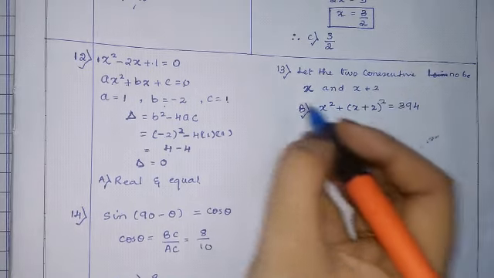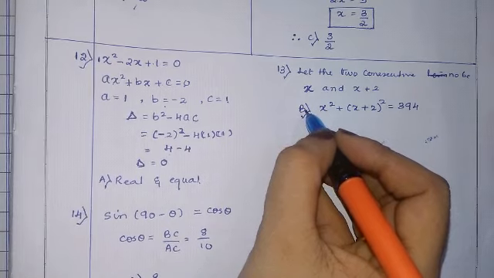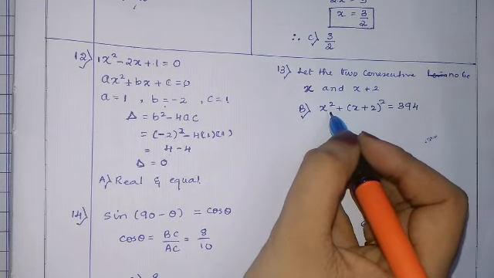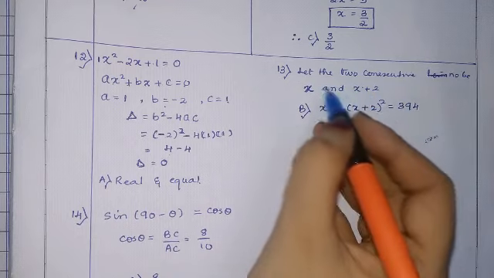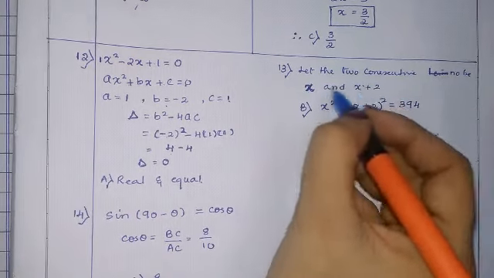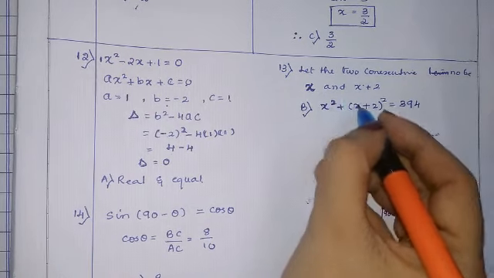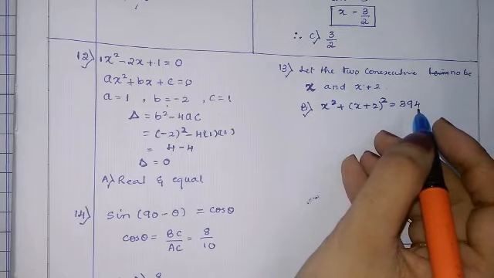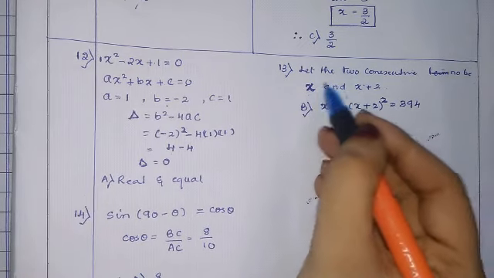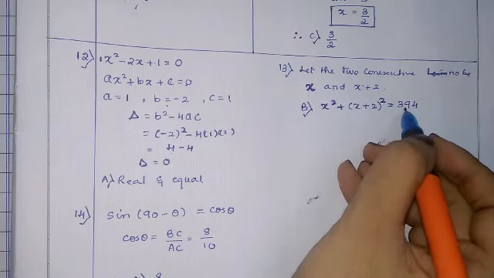So option B is the correct option. Why? Because the sum of the squares of these two numbers x and x plus 2, x square plus (x plus 2) whole square, is equal to 394. According to the statement, the sum of squares of the two consecutive odd numbers is 394.